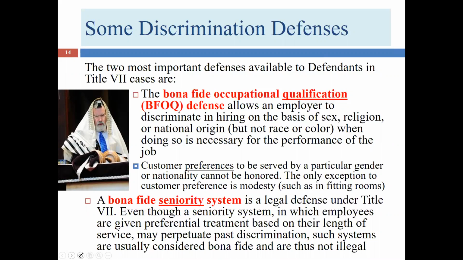One thing that isn't appropriate for a bona fide occupational qualification is customer preferences. You can't say, well, our customers are bigots and they really prefer to deal with white males when they're buying a car. And so we're not going to hire females, and we're not going to hire African Americans or Asians or Hispanics to be our salespeople, because study after study indicates that they will sell fewer cars than white males will sell.